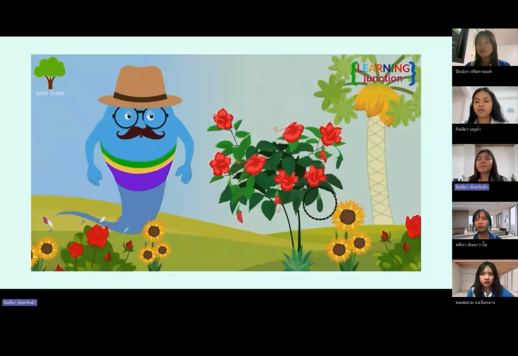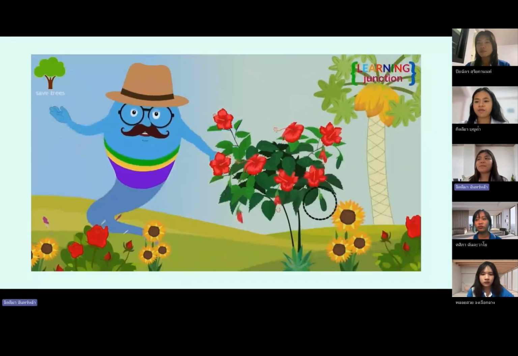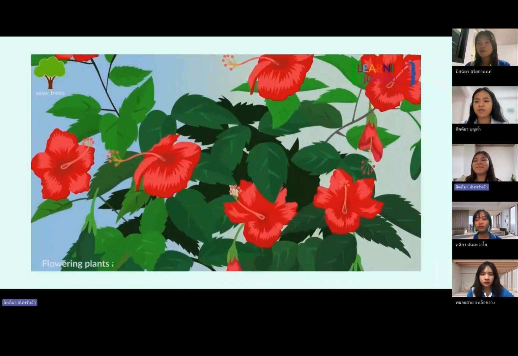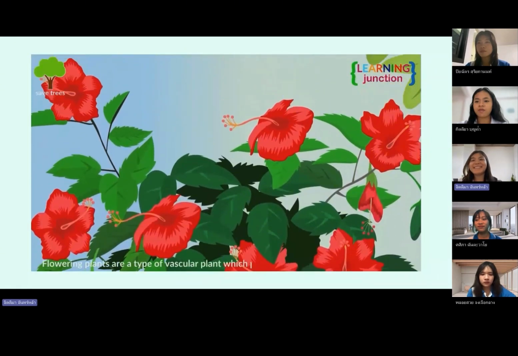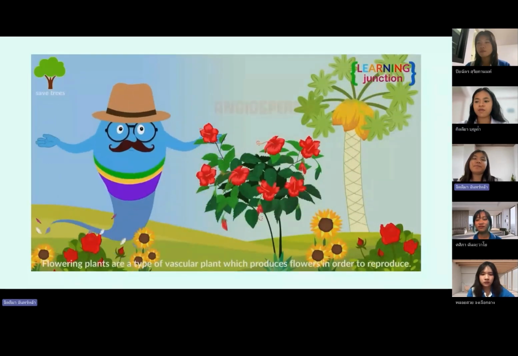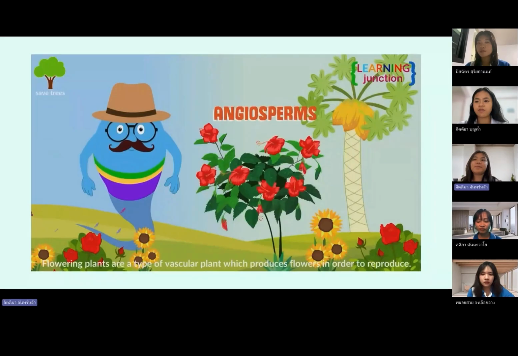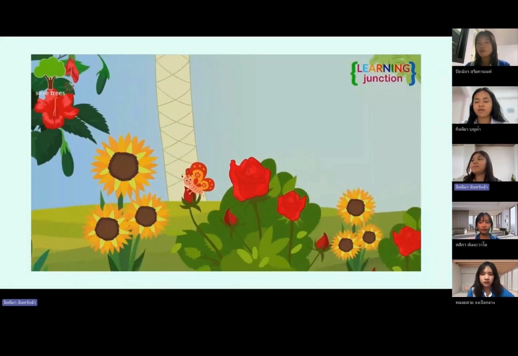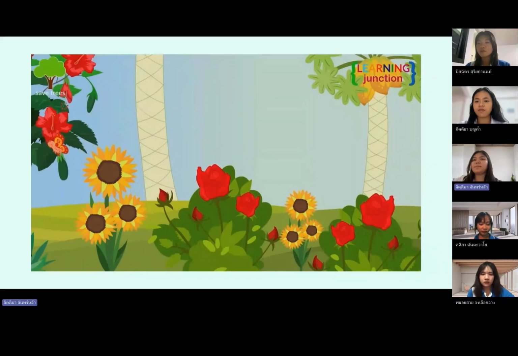These are the fruits of the flowering plants. There are small seeds inside the fruits. Flowering plants are a type of vascular plant which produces flowers in order to reproduce. The scientific name for the flowering plants is angiosperms. You'll notice the flowering plants easily. These plants are the dominant and most familiar group of land plants.